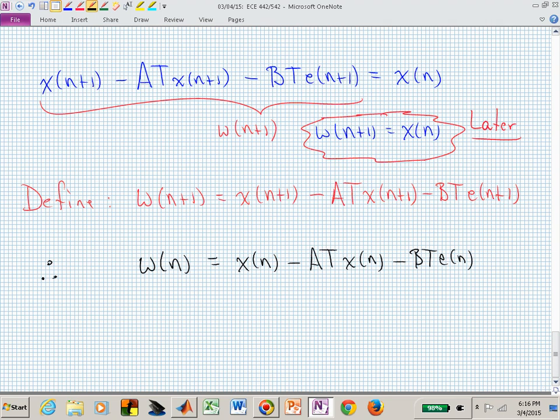Is everyone comfortable with that? If that red equation is true at time n plus 1, it has to be true at time n. That relationship of x, w, and e.